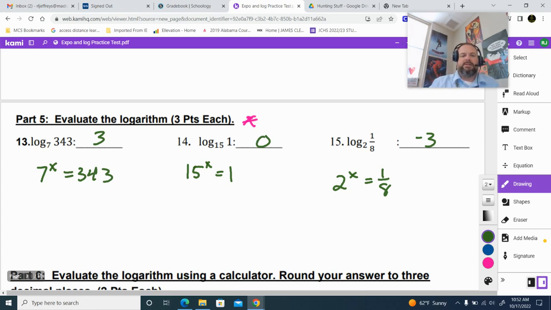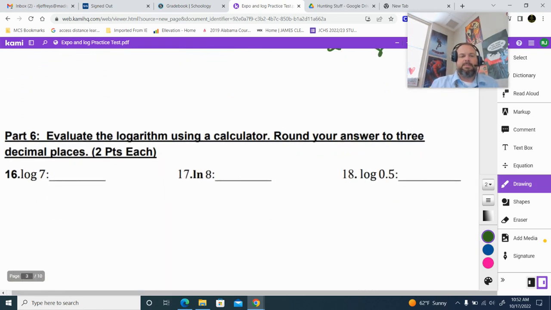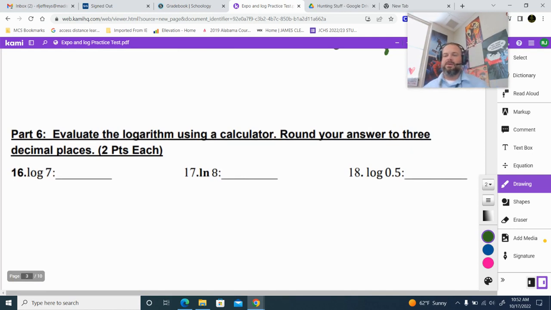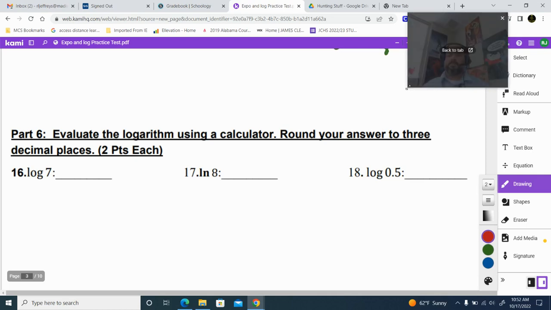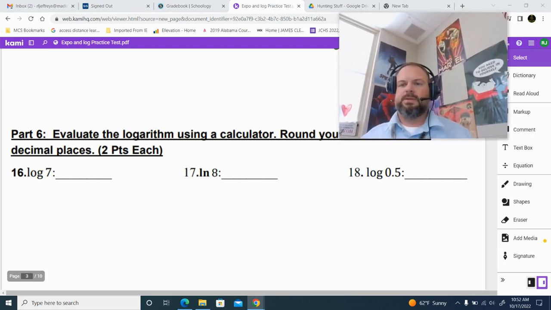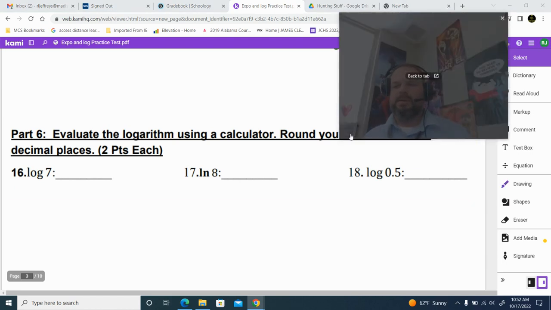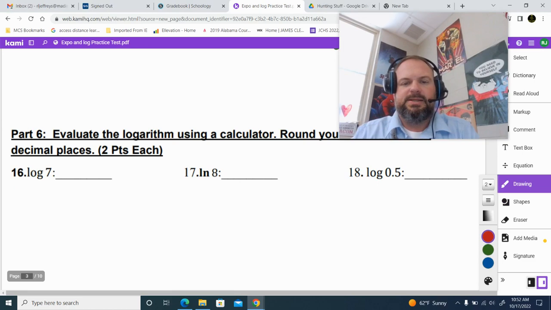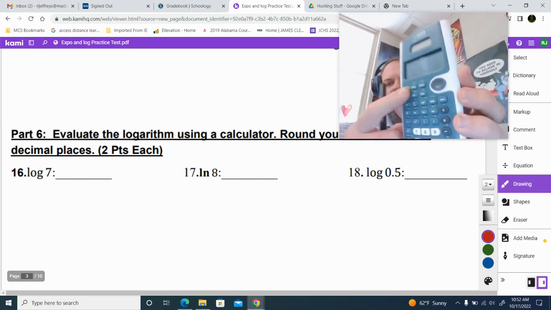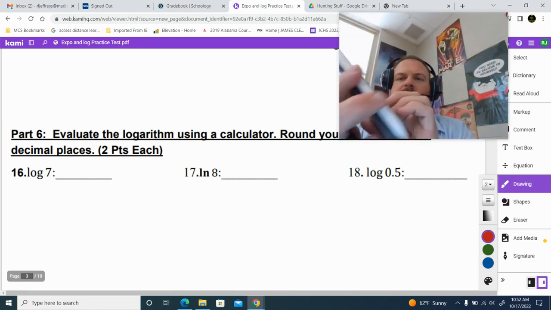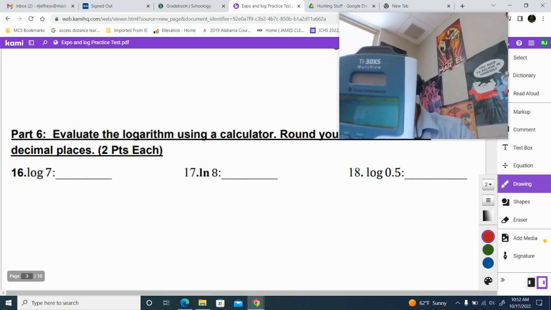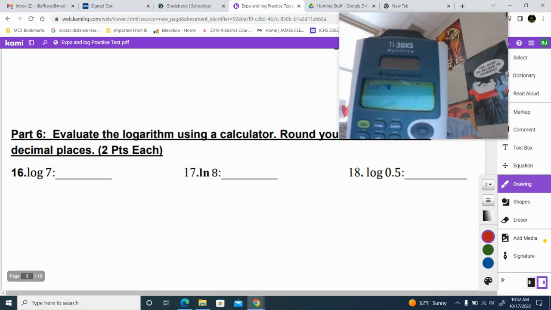We good through here? Okay. All right. With the calculator. So this is log 7. So we literally hit log 7. Then enter.